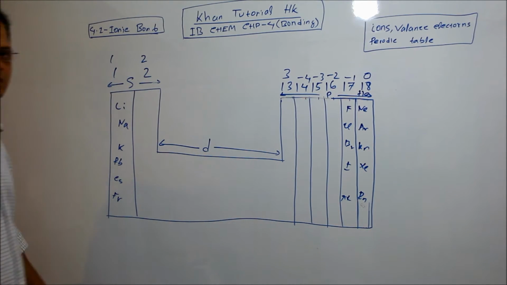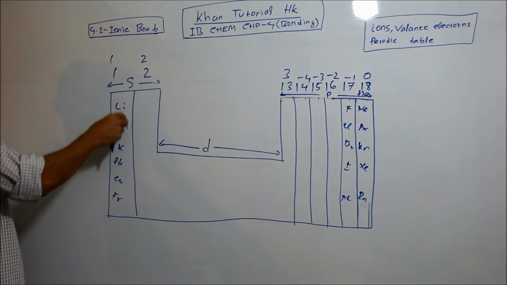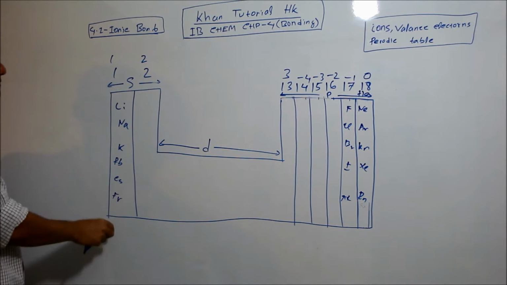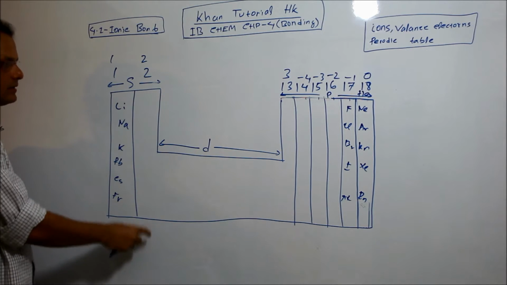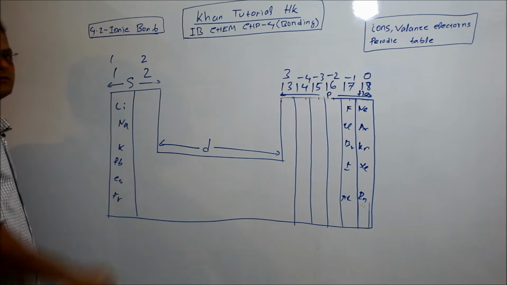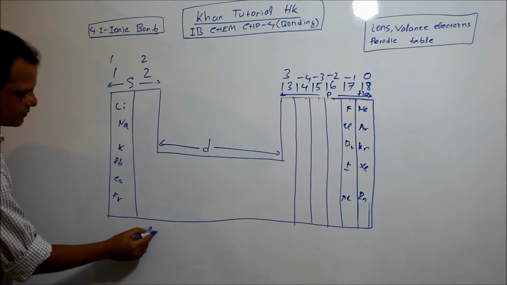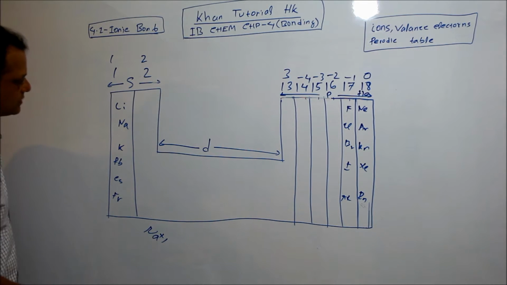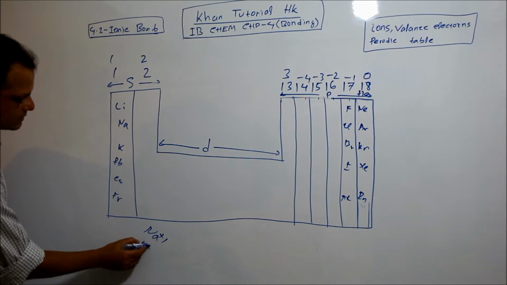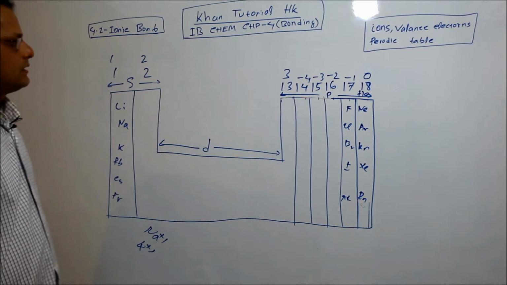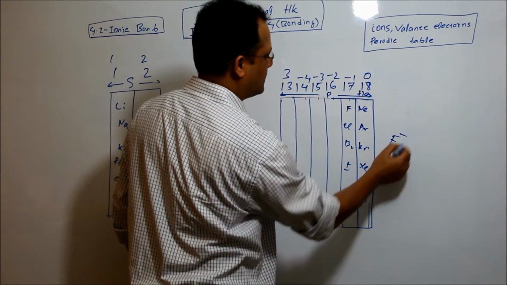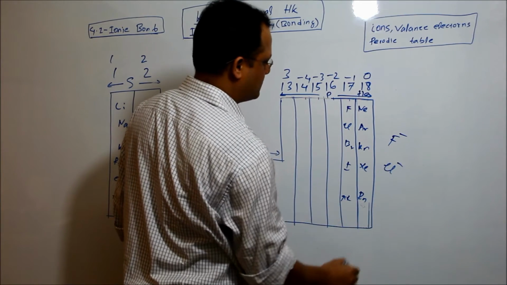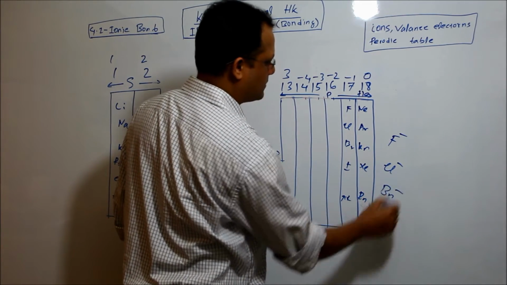In other words, for metals, all the atoms in these groups can lose 1 electron, and here they can lose 2 electrons. So sodium loses 1 electron and becomes +1, potassium loses 1 electron and becomes +1. On the other hand, fluorine gains 1 electron and becomes F-, chlorine gains 1 electron to become Cl-, bromine gains an electron to become Br-.